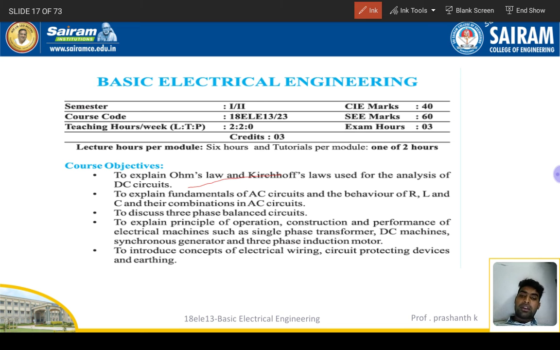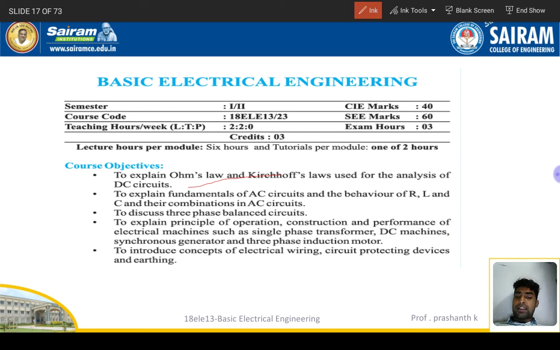And also we are going to discuss the sine wave and its definitions like frequency, waveform, and time period, and instantaneous values, average values, RMS values will be there. And also RL circuits, RLC circuits, and we are going to solve some problems.